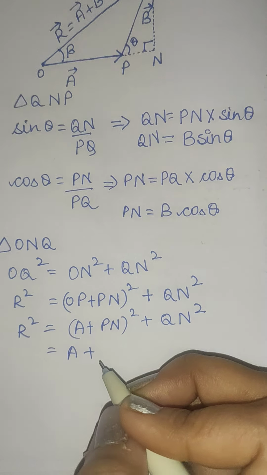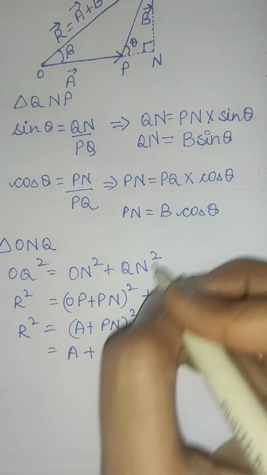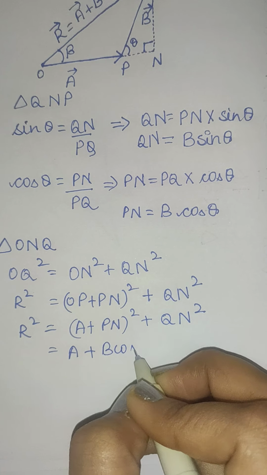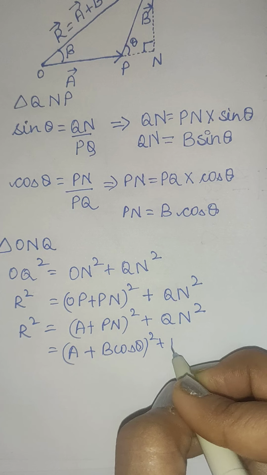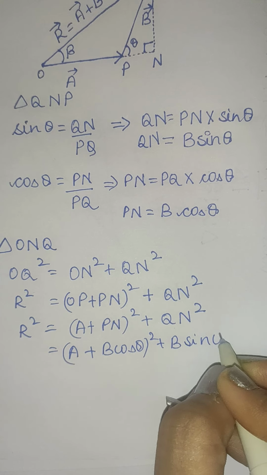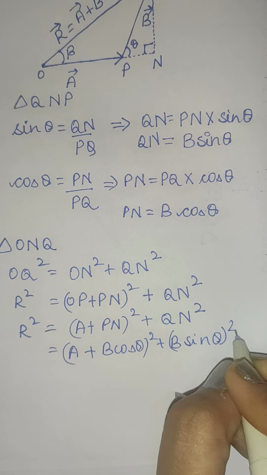A plus PN, B cos theta, whole square plus QN, B sin theta, whole square. So what do we get?